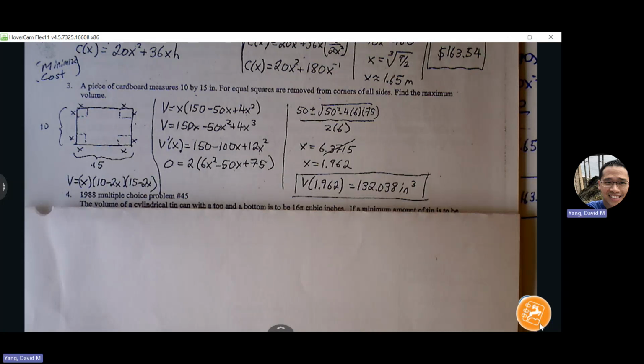I can't cut out that much material. Otherwise, I don't have enough to build a box. So yeah, 6.3 is too much. My width is only restricted to 10 inches on that side.